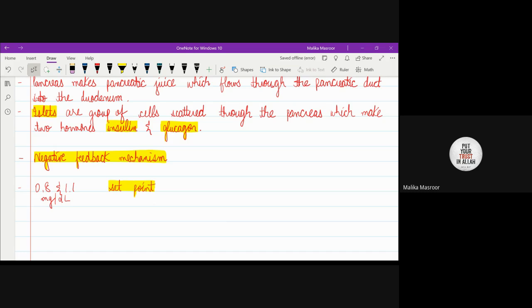Let me just Google it. If there are two or three units, let me check which values I quoted. I don't exactly remember the values right now. I think I wrote them randomly. I don't think it's this low. Let me check one second.